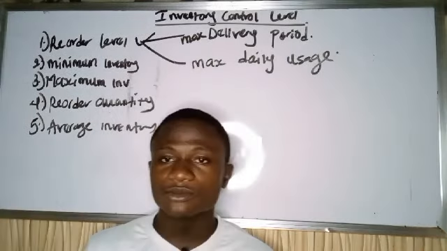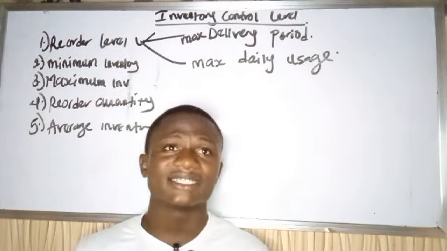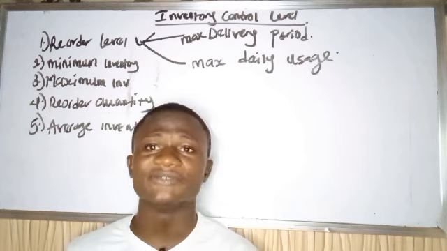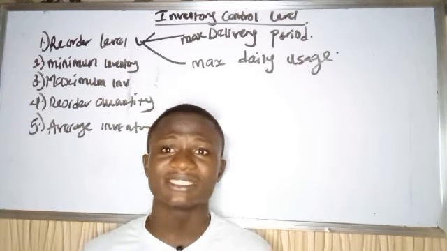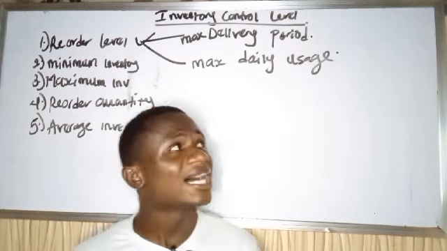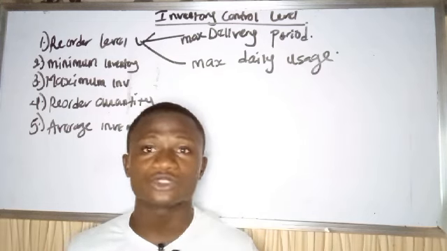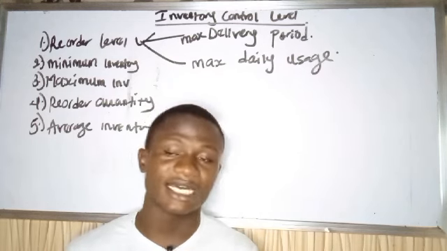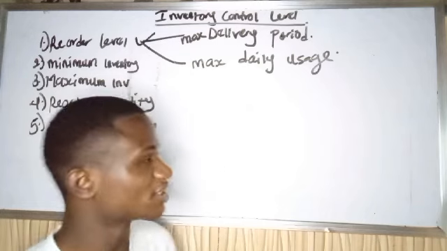Now let's take a good illustration. Let's say, for example, the maximum inventory I use in my organization every day is 10. So that means in a day I use 10 inventory, and whenever I place an order, the maximum amount of time it will take for my seller or the producer to deliver the inventory to me is 5 days. I hope you are following.